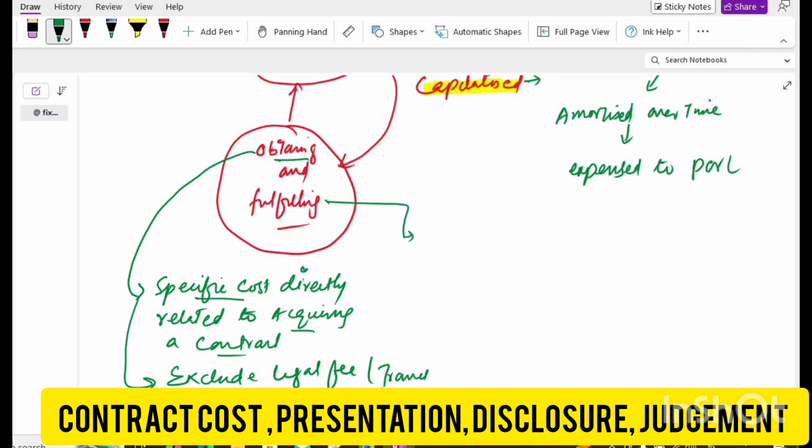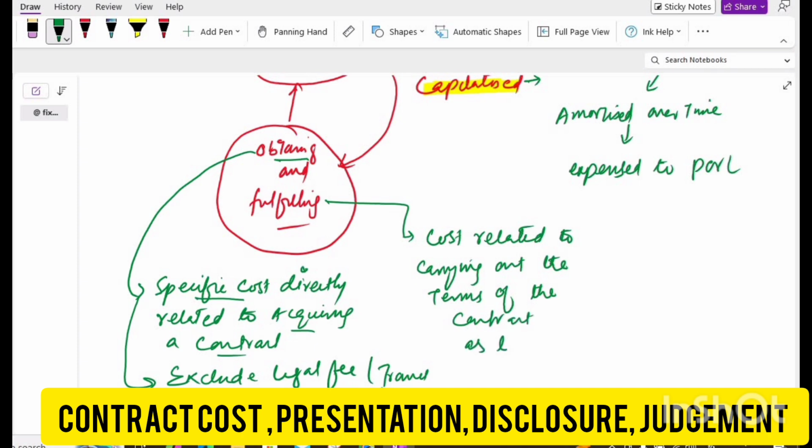Now, fulfilling a contract, this cost is the cost related to carrying out the terms of the contract, as long as it is not covered by another standard, and we expect to recover them.